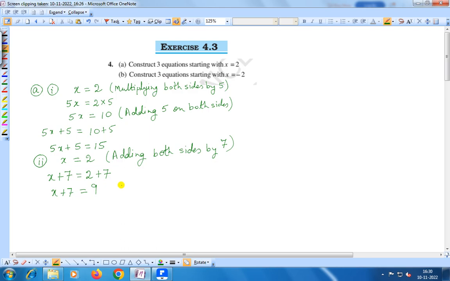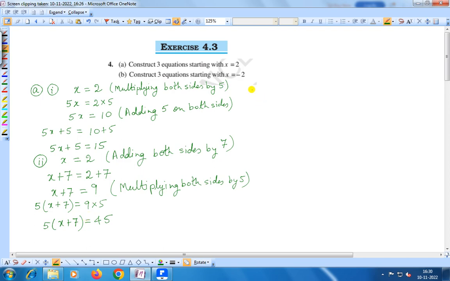Now if x plus 7 is equal to 9, multiplying both sides by 5, what you are getting, 5 into x plus 7 is equal to 9 into 5, or you can say 5 into x plus 7 is equal to 45. This is another equation.